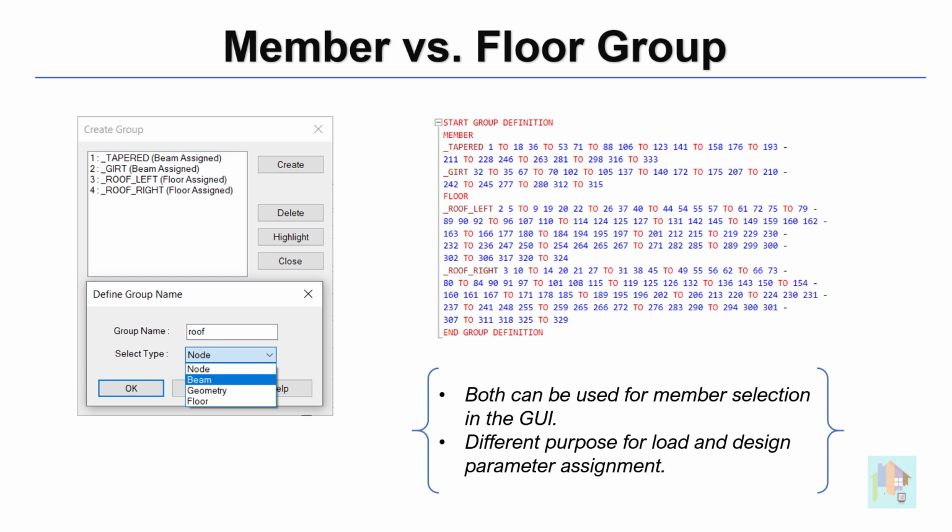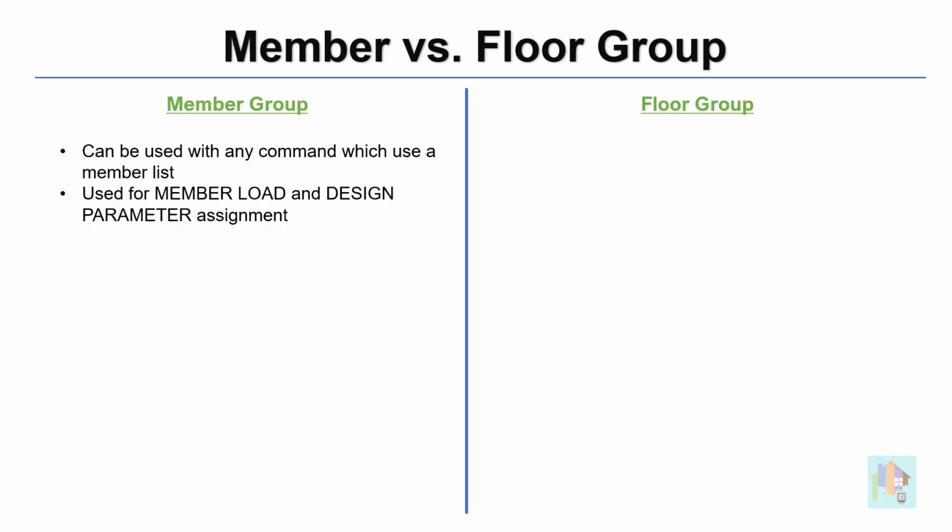Before exploring the options and process, I want to discuss the difference between a beam and floor group. Both these types store member information, so if we want to use the group for member selection in the GUI, we can use any of these types. But for load or design parameter assignment, there is a difference between these two types. A member group can be used with any command which requires a member list, like a member load or steel parameter.